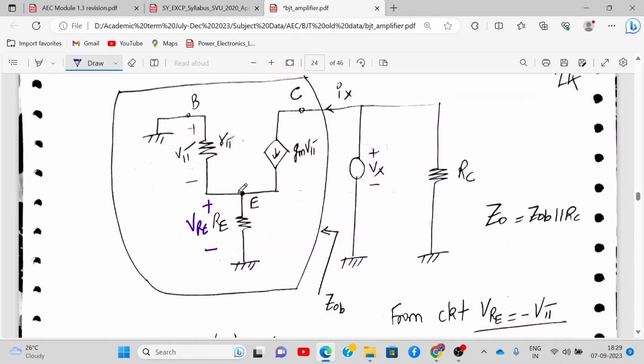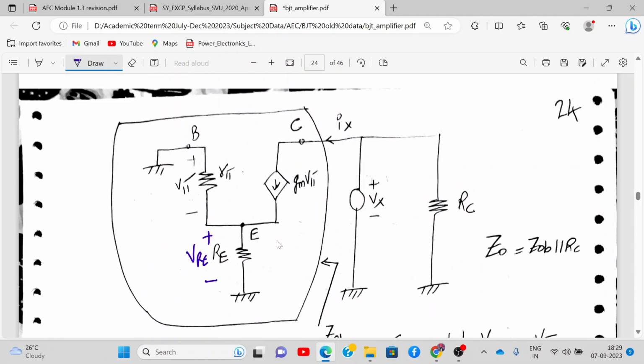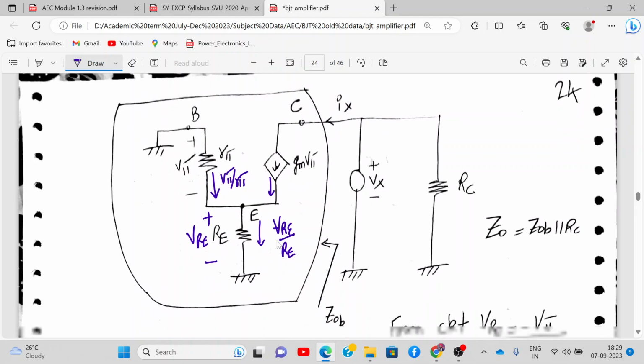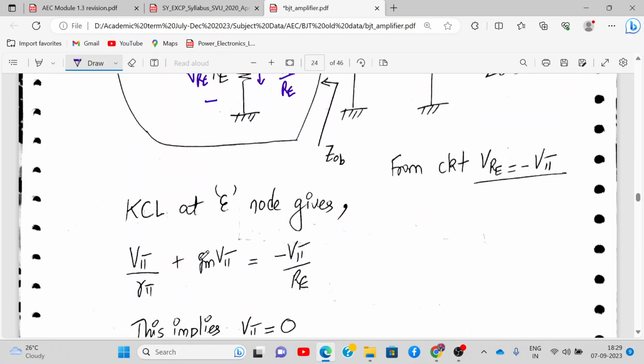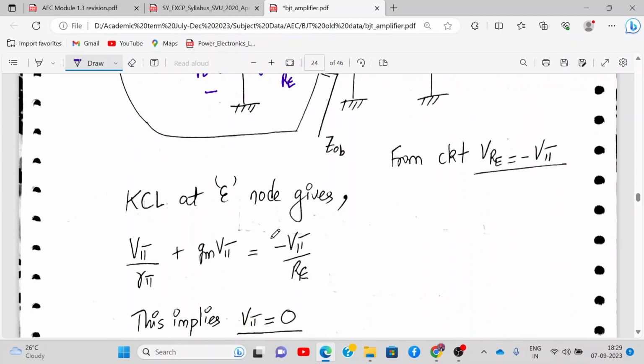And we apply KCL at node E. These are two incoming currents, V pi upon R pi and GM V pi, and that is equal to outgoing current, which is VRE upon RE. So V pi upon R pi plus GM V pi is equal to VRE upon RE. Now VRE is minus V pi.